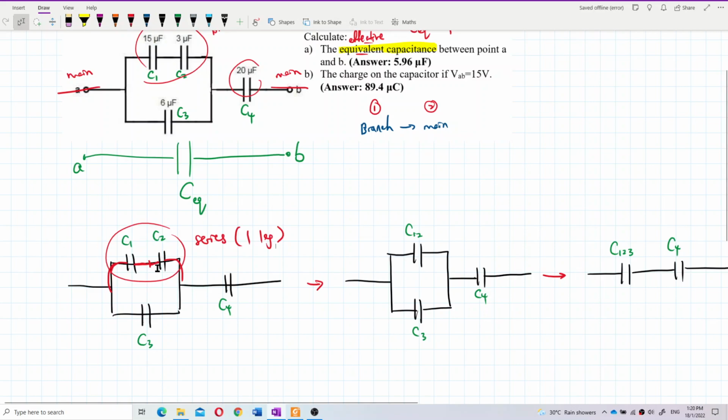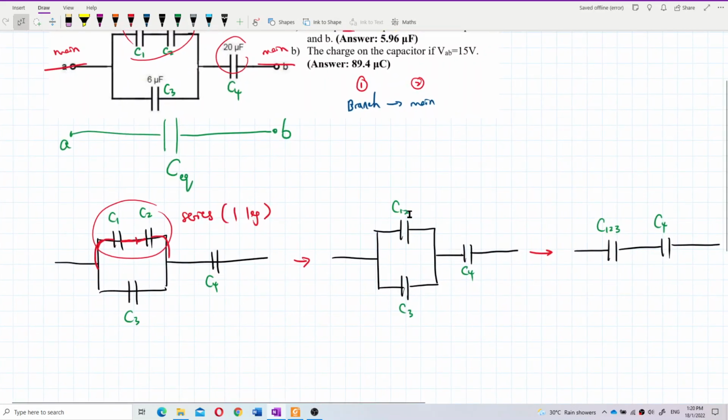After that, we combine them in series and we get C12. Look at C12 with C3. One leg of C12 connects with C3, and the other leg of C12 also connects with C3.